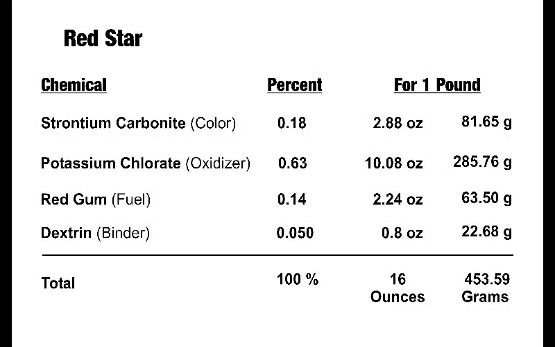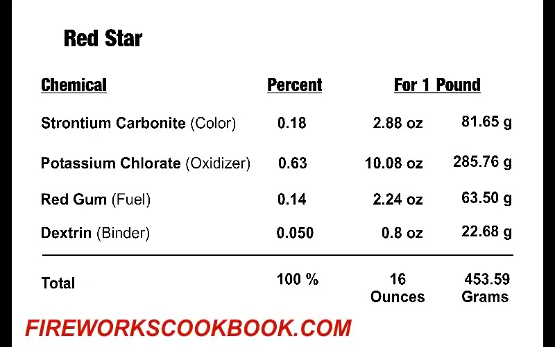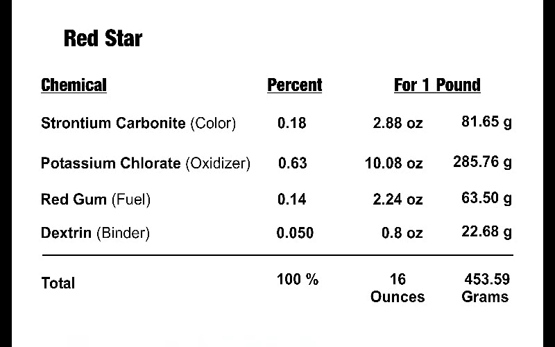Okay, so here is a formula for a red star, and these formulas and the chemicals are available from fireworkscookbook.com, and there's many different formulas available. So you can see that the red star is made up of these four chemicals: strontium carbonate, which is the color, potassium chlorate, which is the oxidizer, red gum, which is the fuel, and dextrin, which is the binder.